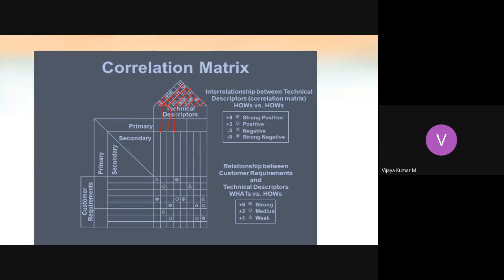1, 2, 3, 4, 5, 6, and then 8. Right? So in this way, you have to develop these rows and columns, and inside of this, you have to find the relationship between this and this, that is this one among this one, this one, this one among this one, right?